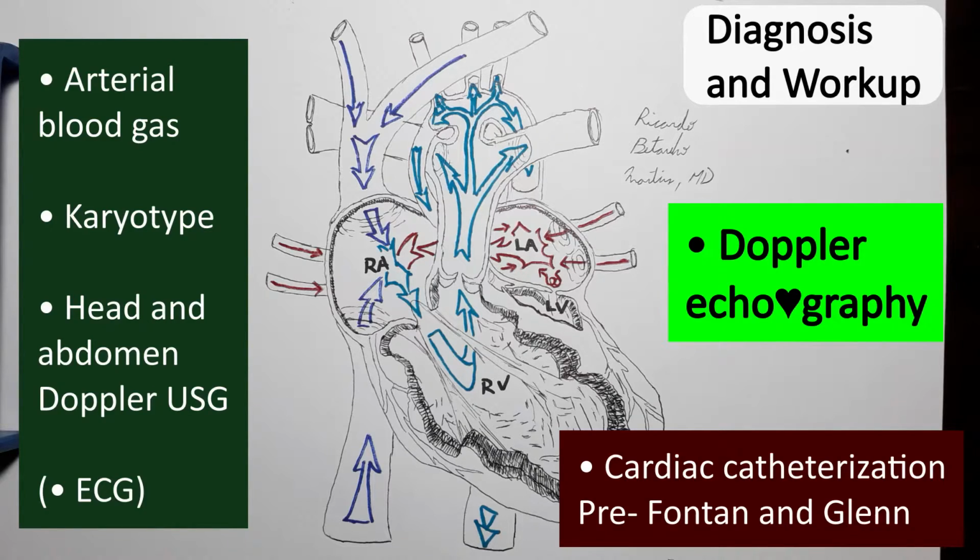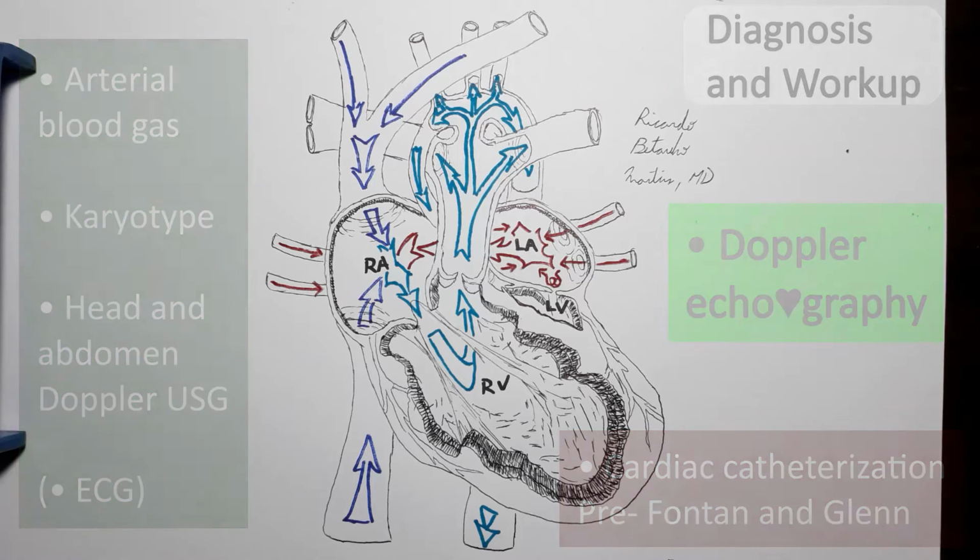However, it's still performed routinely before the second and third stage procedures, the Glenn and the Fontan procedures, particularly to calculate the pulmonary vascular resistance and ensure the patient's pulmonary vessels pressure is low enough to accommodate the next stages of the surgery.